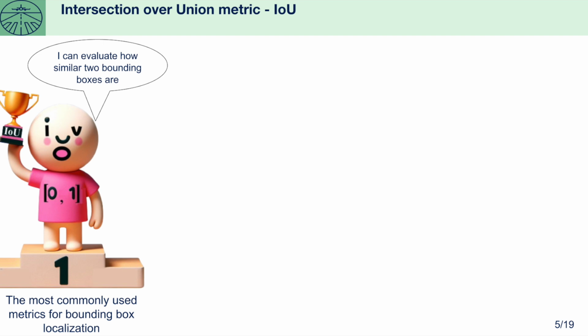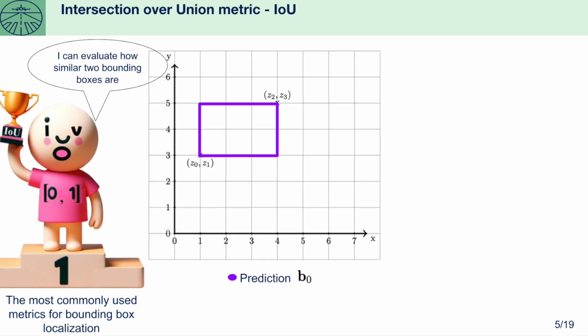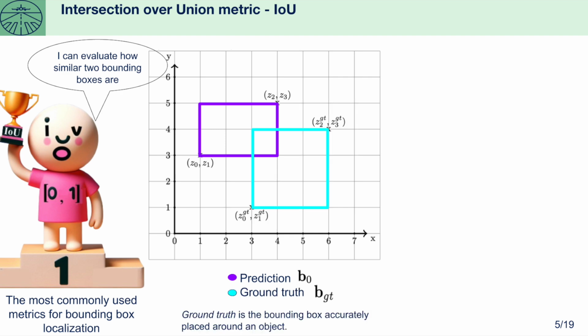It is a value between 0 and 1 that evaluates how similar two bounding boxes are. Thus, we take our purple predicted bounding box, B0, and check its similarity to a ground truth bounding box, BGT, known to be accurately placed around the objects.